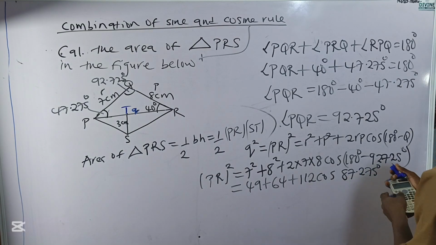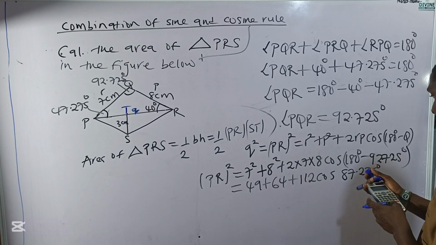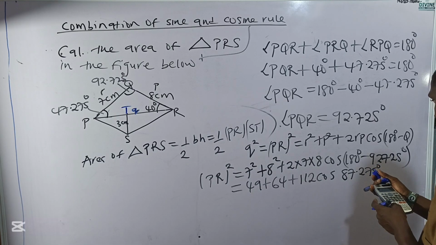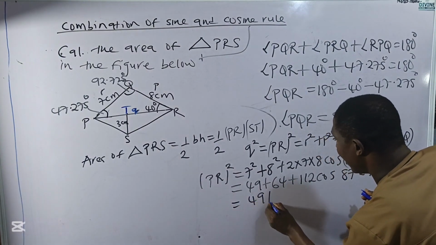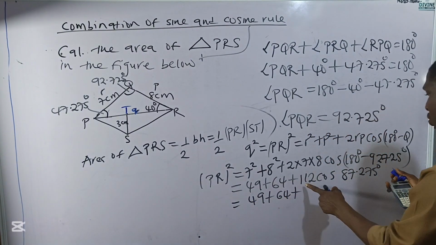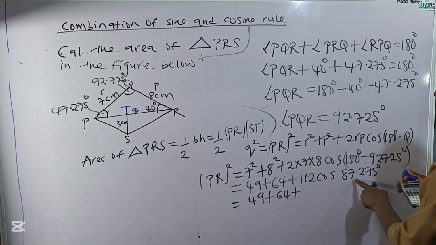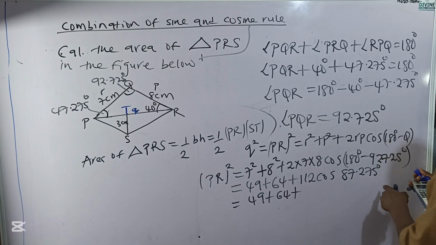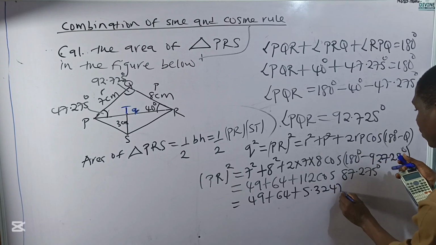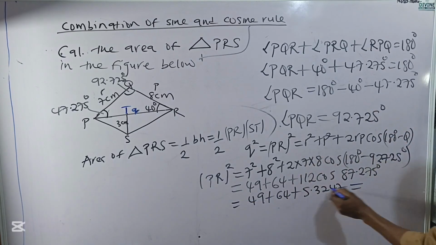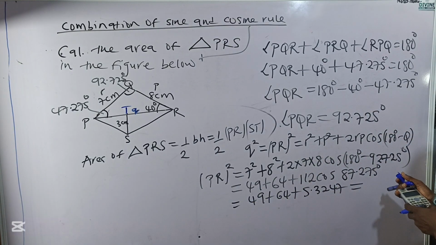If I say cos of this value, and times 112, I will have this. So I have 49 plus 64 plus 112 cos 87.275, which will give me 5.3247.